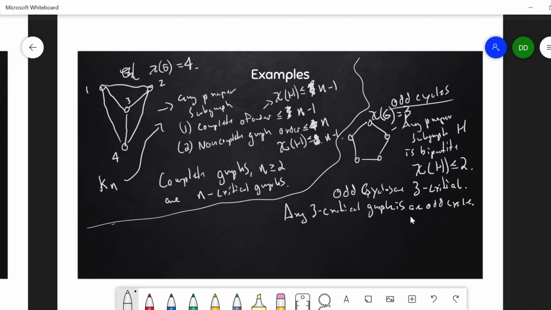So why is that the case? Well, if you take a 3-critical graph, that means its chromatic number is 3, which means it's not bipartite. So chi of G equal to 3 implies not bipartite, which means it has an odd cycle.